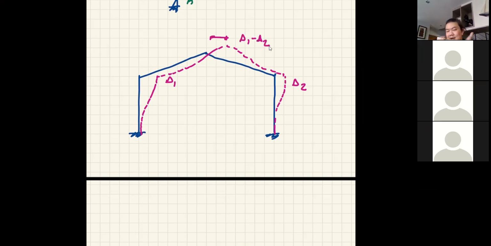But this is for the sake of demonstration. We're not going to delve into the calculation of these things, just for you to know. We only need to do enough exercises so that you understand how to use slope deflection. That's all. So that's it for today, I suppose. Any question?